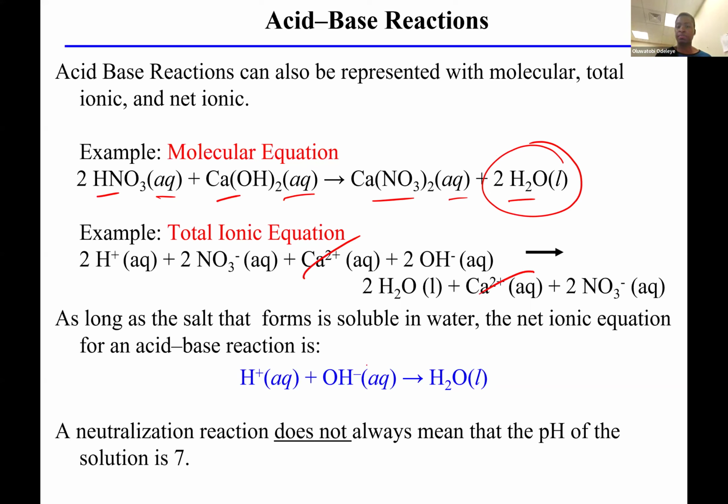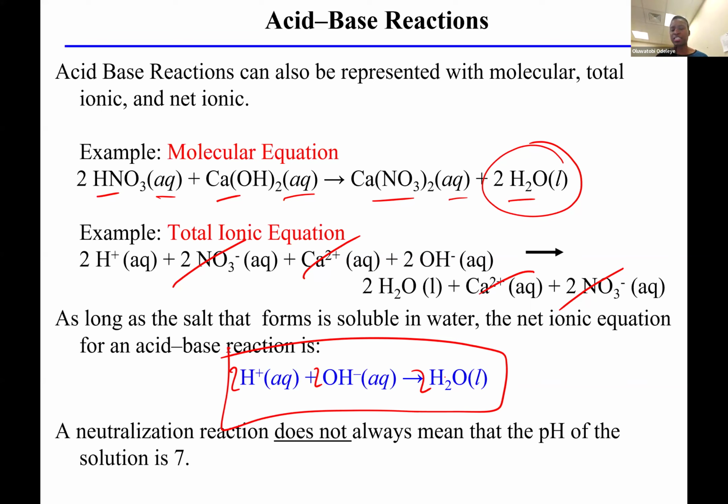Yep, calcium and nitrate are spectator ions. I can take them out, and here's my net ionic equation. There's no need to put a 2 there because we always want to write the lowest ratio, so even though there's a 2 in the total ionic, I can skip that. So a neutralization reaction does not always mean that the pH is going to be 7.